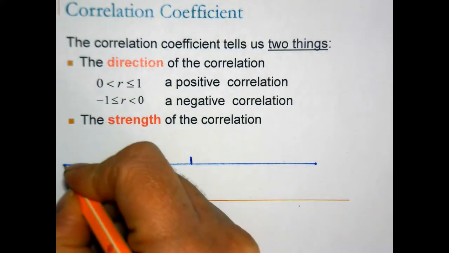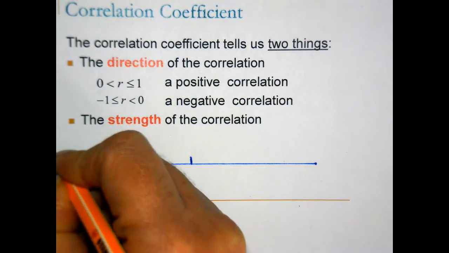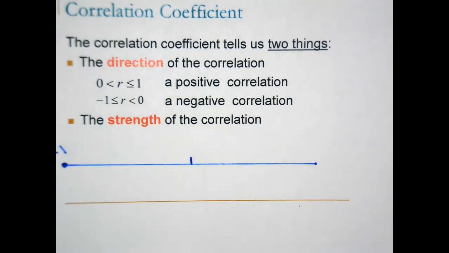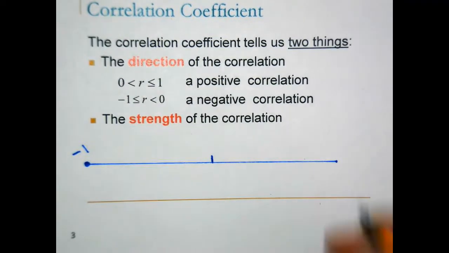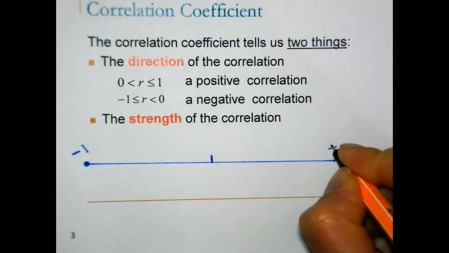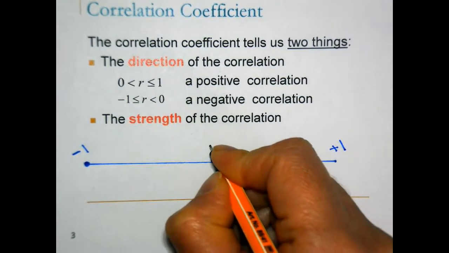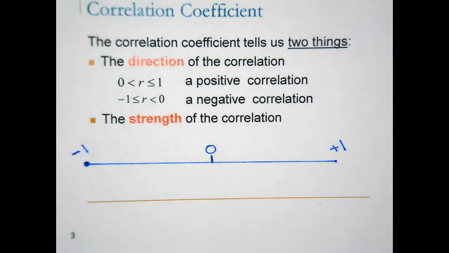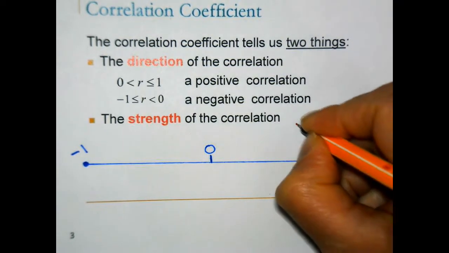So this number goes between -1 to +1 here. Now, +1 here means perfect positive correlation.